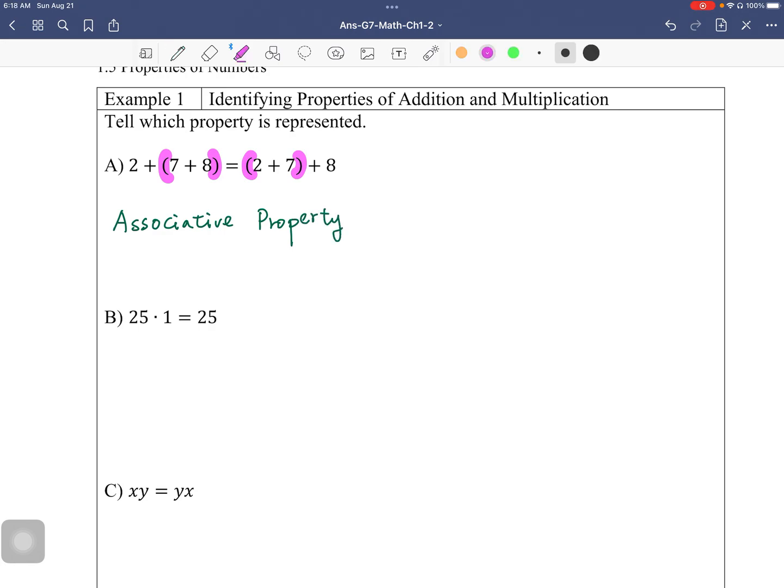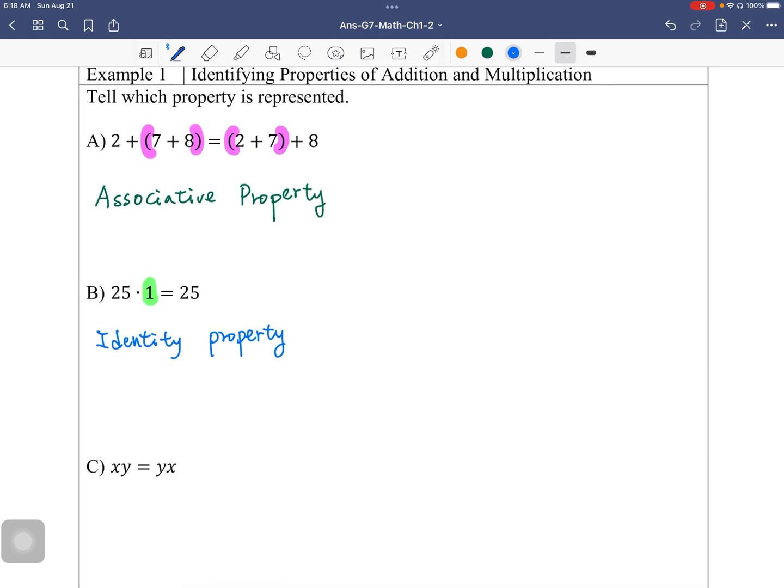And 25 times 1, this is what we say identity property. Okay, x times y equals y times x, their order switch. This is what we say commutative property.